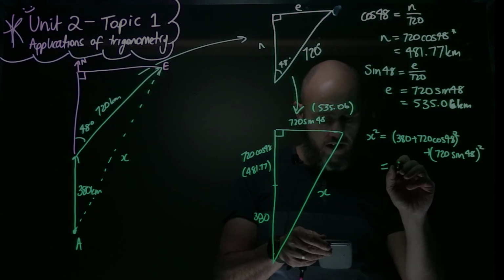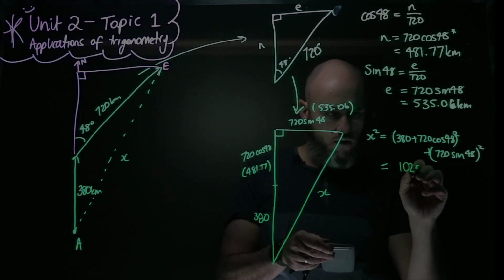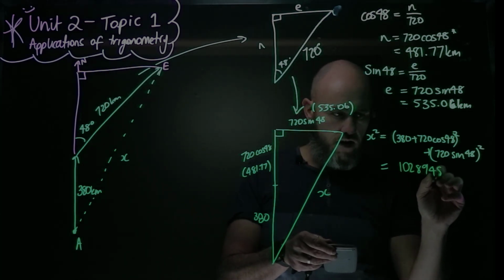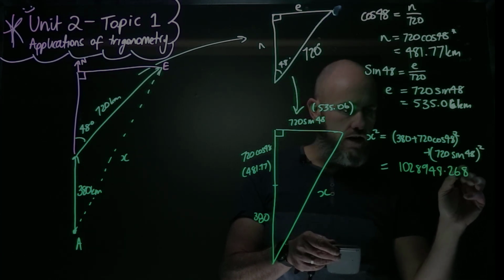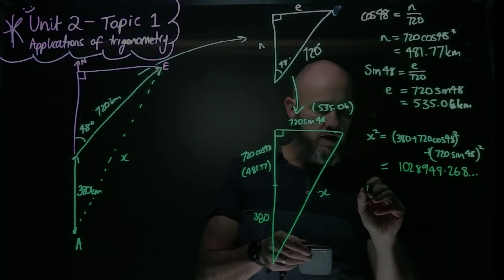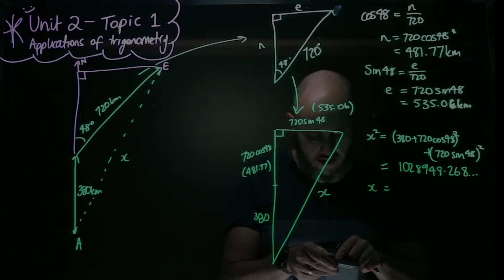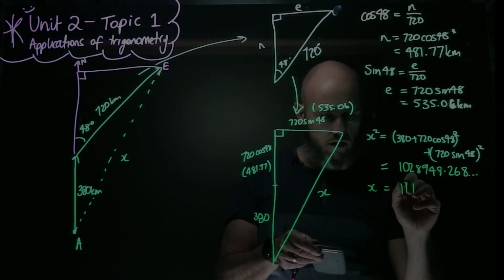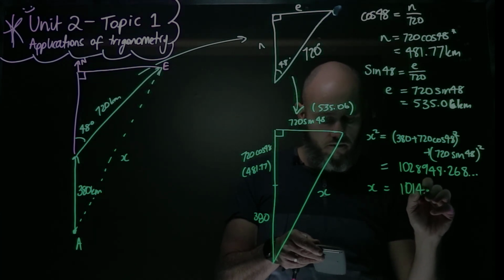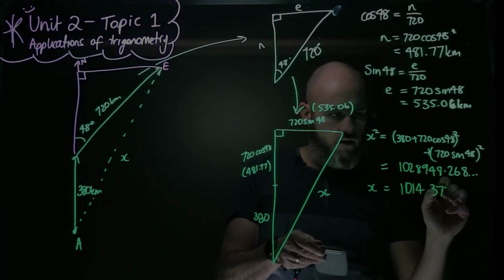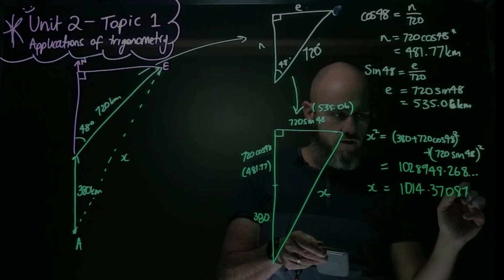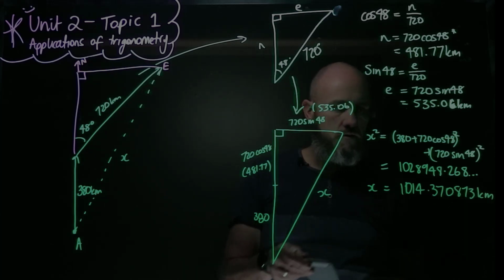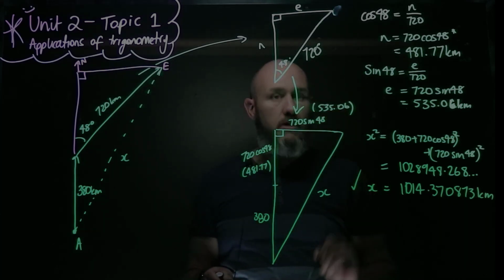So evaluated, that is 1028948.268 rounded. And if I take the square root of that before deleting off my calculator, I get 14.370873 kilometres. Okay, so this is my good answer.